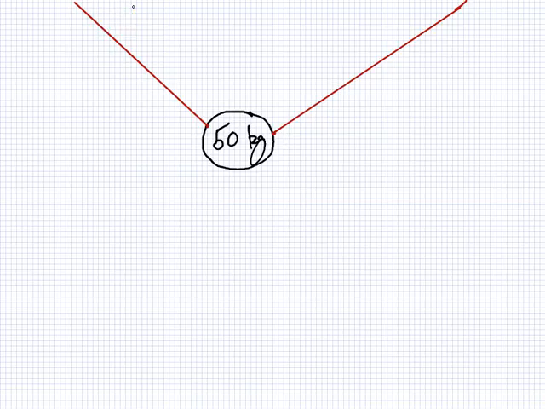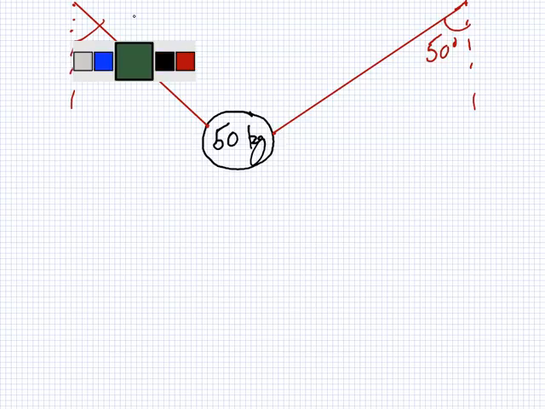So that means this is 40 and this one's 50. But in fact, if you got it the wrong way around, you'll still get the right answer. Find the tension in the strings.